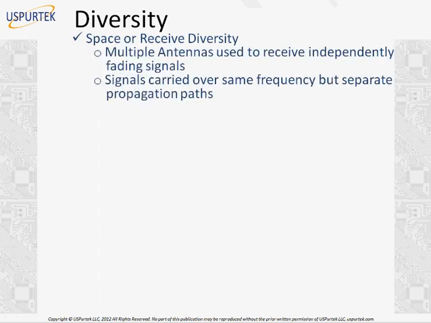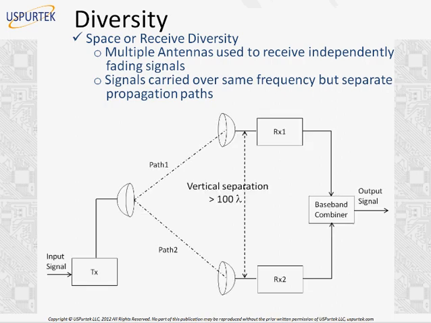Having considered frequency diversity, now let's move on to the next one, space or receive diversity. Here we have multiple antennas which are used to receive independently fading signals. This is similar to the multipath propagation we have seen, where we have multiple signals coming from different paths.